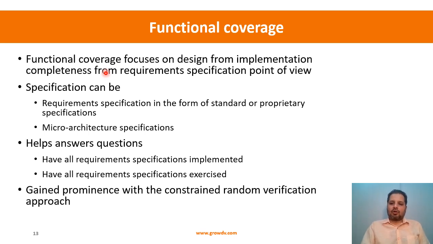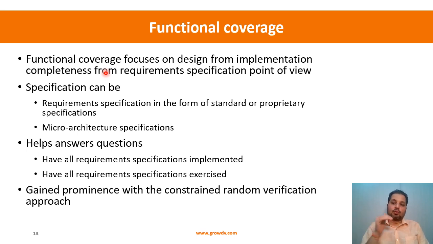As we talked about earlier in this session, a requirement can be met with different microarchitectures. But sometimes verification teams also look at the microarchitecture and write some microarchitectural functional coverage as well. That's a white box functional coverage. Both are targeted, but predominantly the verification team focuses on black box functional coverage, which adheres to the completeness of the requirement specification.